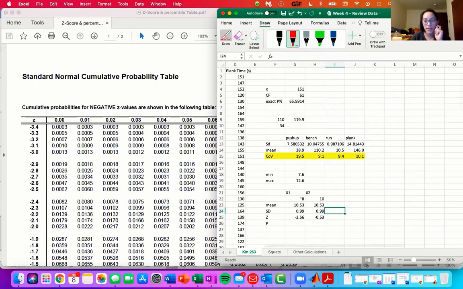What I do want to point out is where 8 and 10 actually lie on the distribution, because that's gonna affect this information here. So if we were building a distribution, we would put our mean in the center, right? Which is, I'm just gonna put 10, but it should be 10.53, okay?